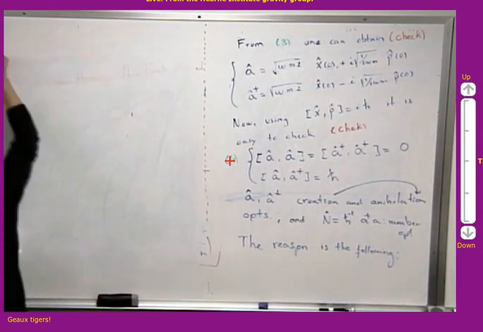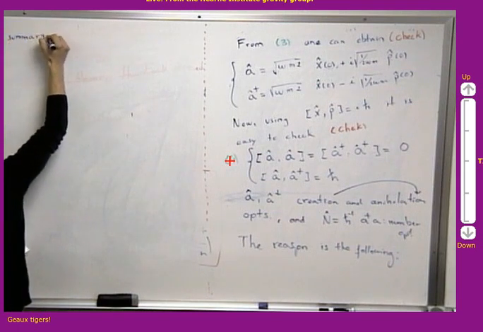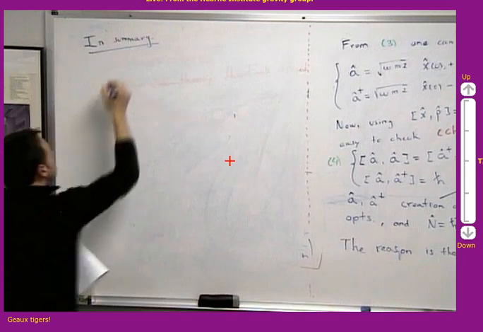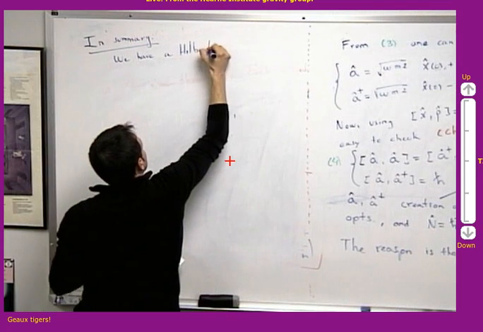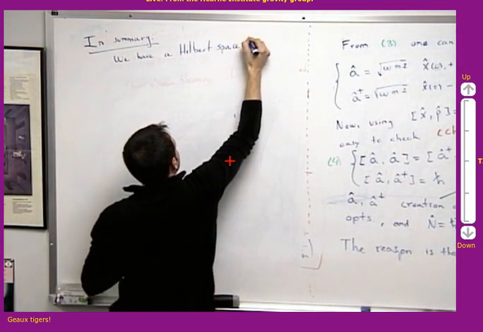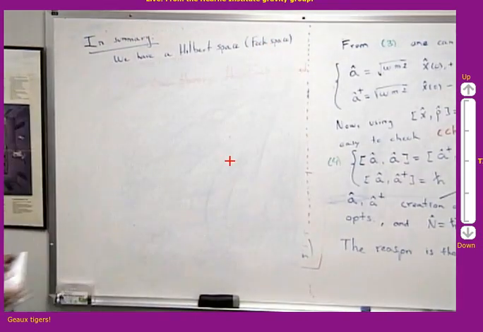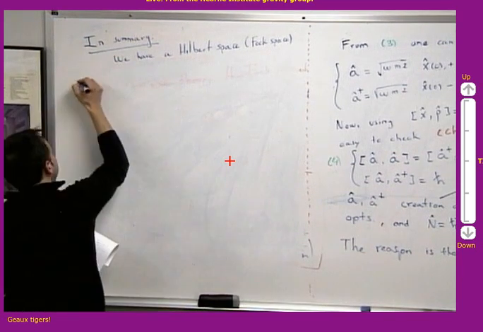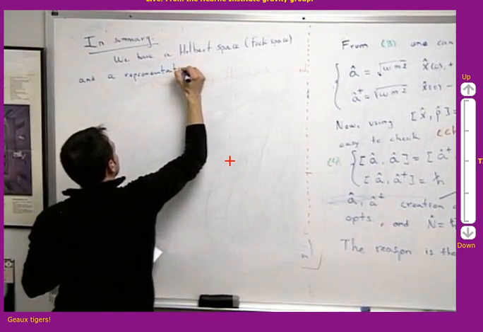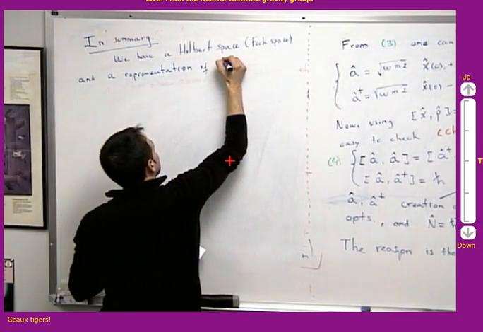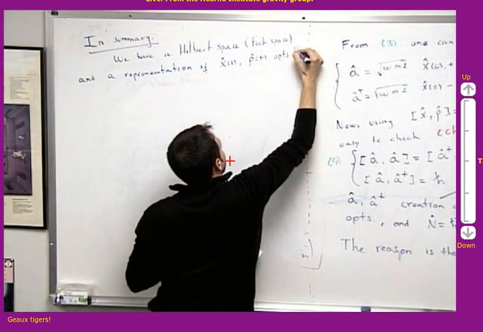So, in summary, this very brief summary of the quantization of the harmonic oscillator. In summary, we have a Hilbert space. In reality, it's a Fock space, these multi-quanta states, and a representation of the position and momentum operators for every time.